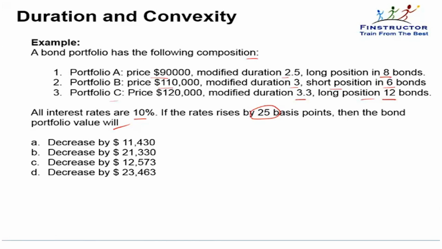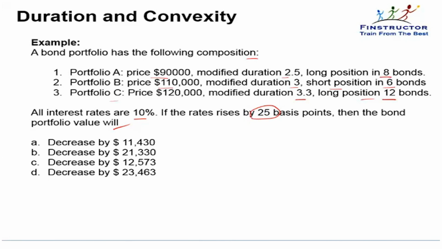Let's solve. So for portfolio A, the price is $90,000 and it's a long position in 8 bonds. So if rates rise by 25 basis points, the long bond position will lose.